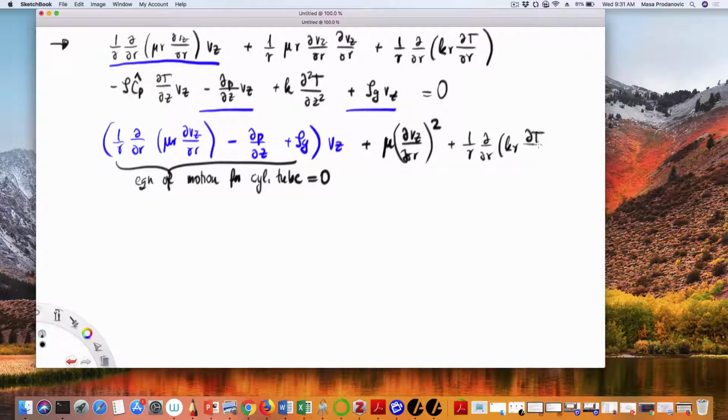Qr dT/dr, minus rho Cp dT/dz, plus q d squared T/dz squared is equal to 0.